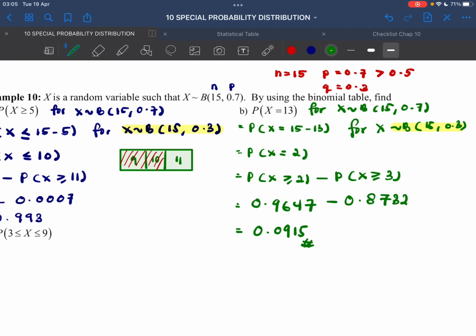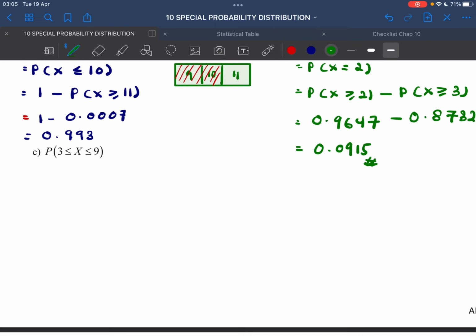Alright, so last one, Px between 3 and 9. Okay, so ini special sikit, lain sikit lah, sama je sebenarnya, cuma ada sikit perbezaan. So for the original distribution, kat sini kita ada 15 0.7. Okay, so sebelum kita tukar, kita kena tukar dulu ini jadi greater and equals dulu.